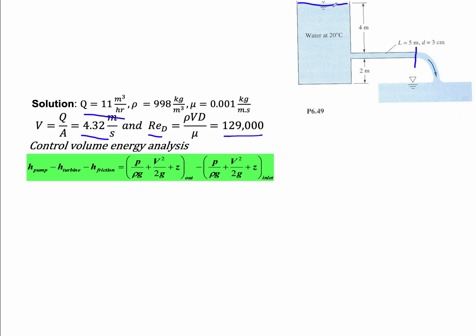At my inlet I know the pressure and the velocity. Since it's a large tank, the drop in level is very slow, while at the outlet I have my velocity and I have my pressure, and from geometry I have the heights and the levels above a certain reference.